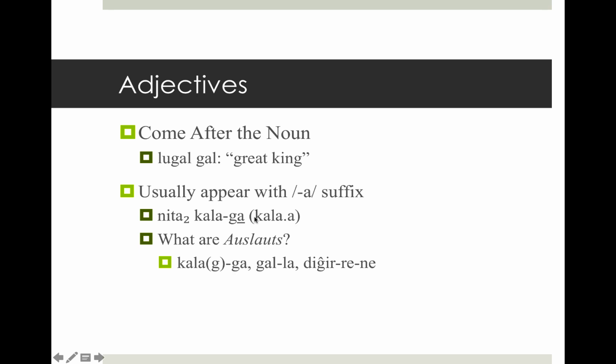Okay. Now, why is there the ga sign there? Why is it not just the a sign? Why is it ga? Well, there are things that we call Auslauts. Nice German word.